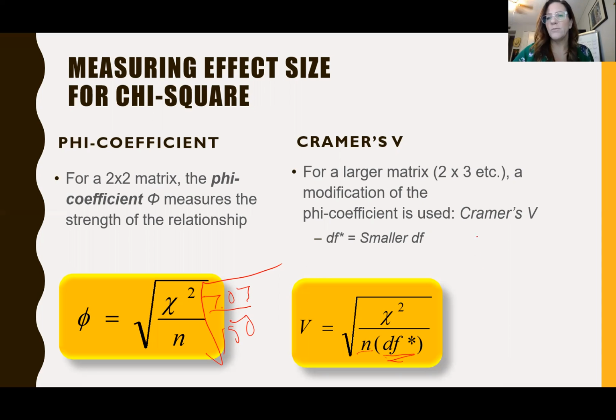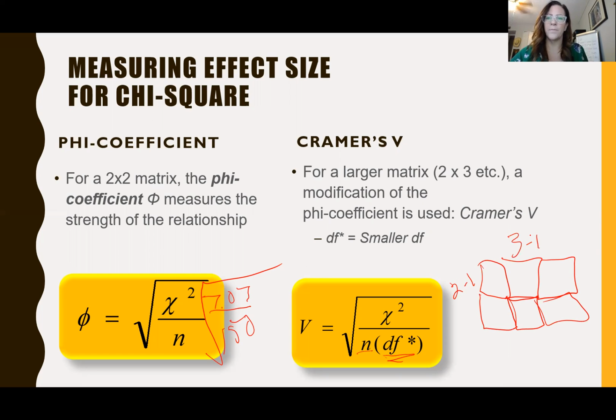Well, if you have a 2 by 3, you have 2 categories here, but 3 categories here. Here is 2 minus 1 degrees of freedom. This is 3 minus 1. So we're going to use the smaller degrees of freedom. That means the sample size would be multiplied by 1, which means this Cramer's V would equal the same as the phi coefficient.